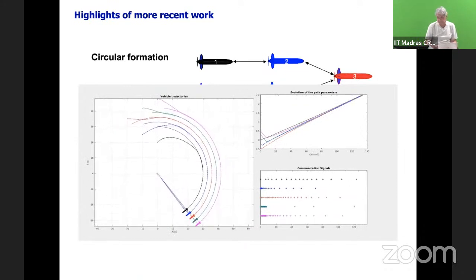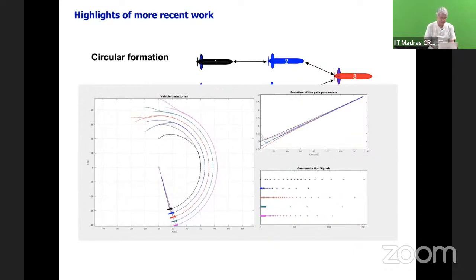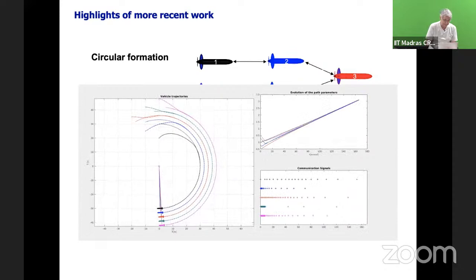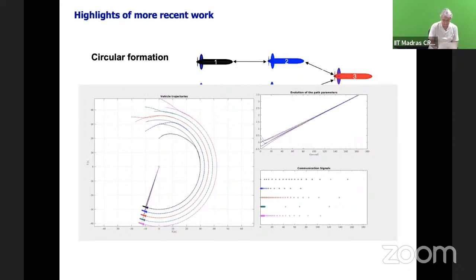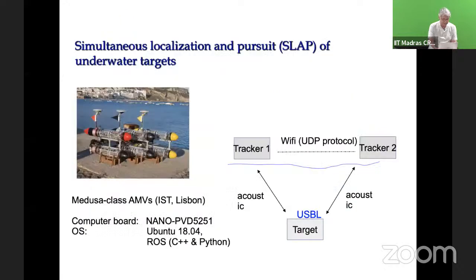But it's beautiful because the amount of energy that you save by employing these schemes is amazing. That's what you see there. So there are a number of interesting publications that you can come up with. So it's a very broad area. I mean, there's so much to do in this area.